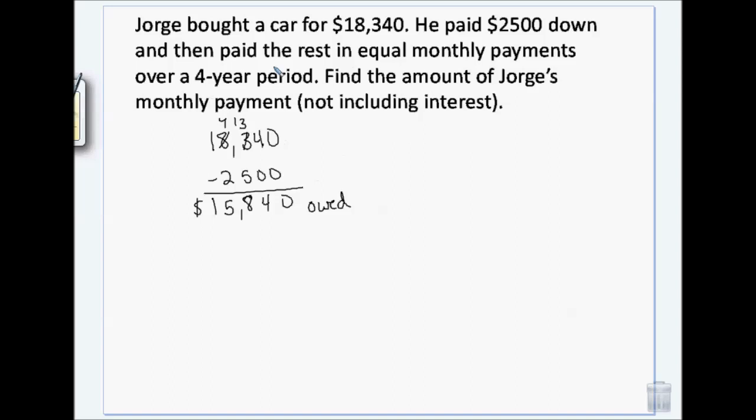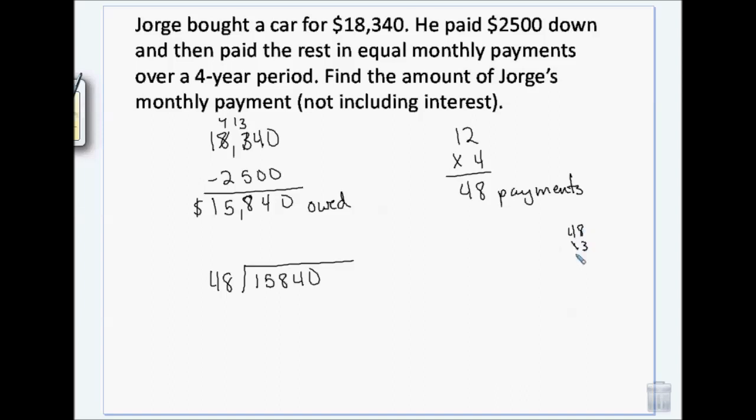Okay. And now he's paying it over a 4-year period. So how many payments? 12 months, 4 years, so there's 48 payments. So I'm going to divide 15,840 by 48. Well, 48 does not go into 15. Determine how many times 48 will go into 158. The easiest way to do it is I'm going to look at 4 and 15. 4 goes into 15 3 times.